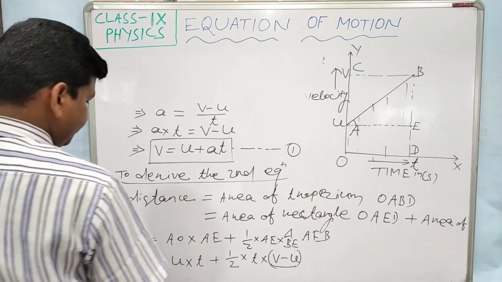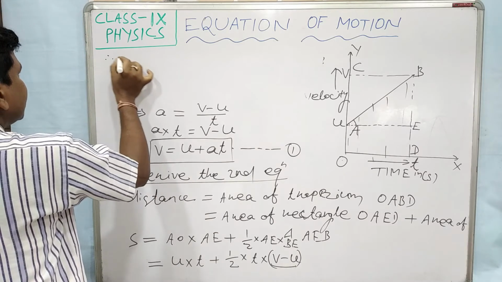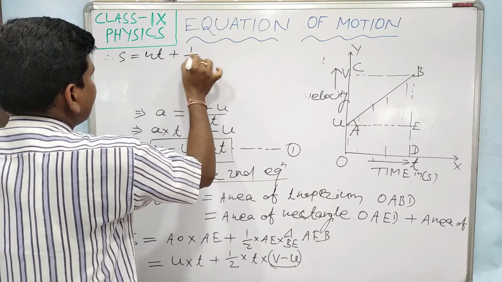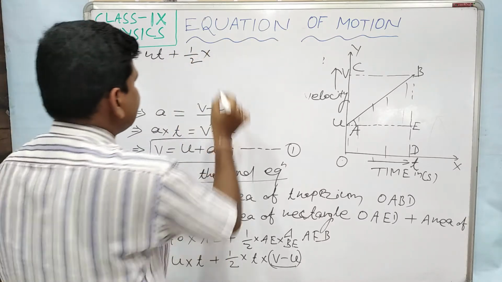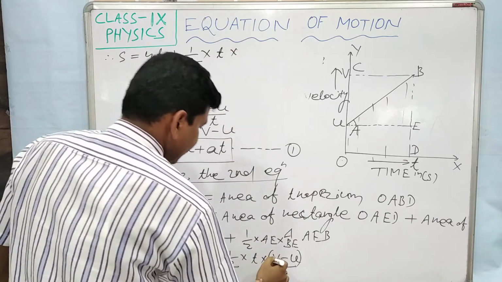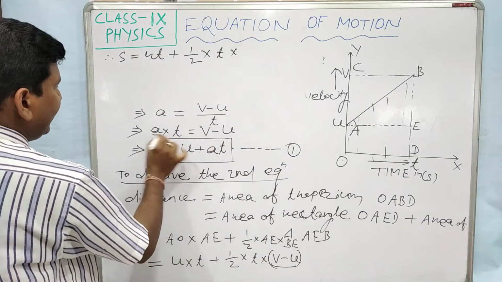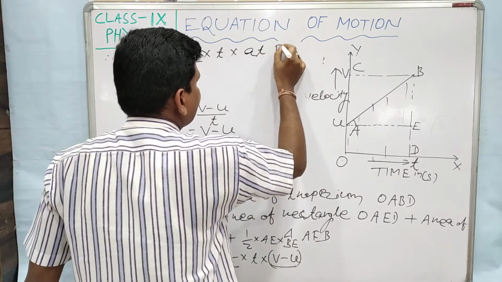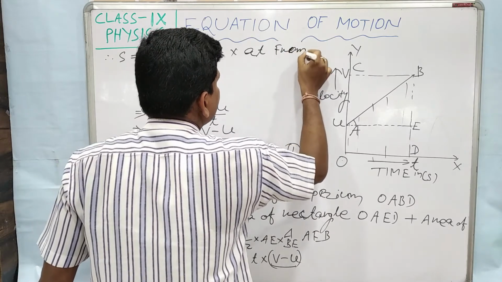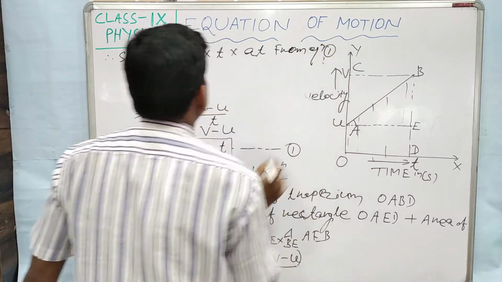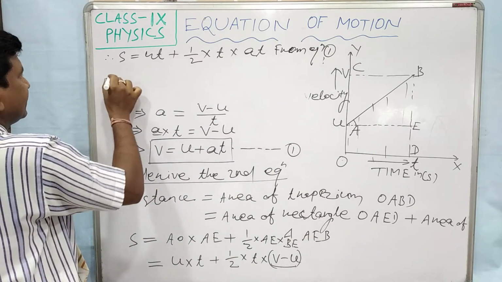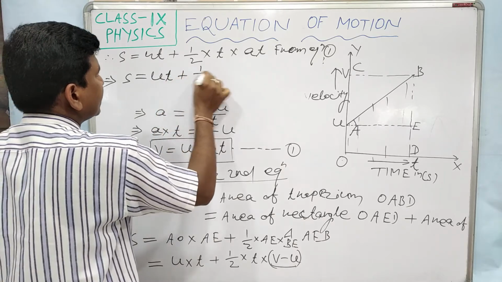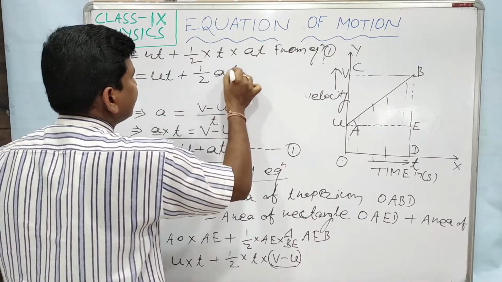So now write down, thus S is equal to UT plus half into T, write down T into, in place of V minus U we can write AT. So AT, that is here from equation 1. So that implies S is equal to UT plus half AT square.